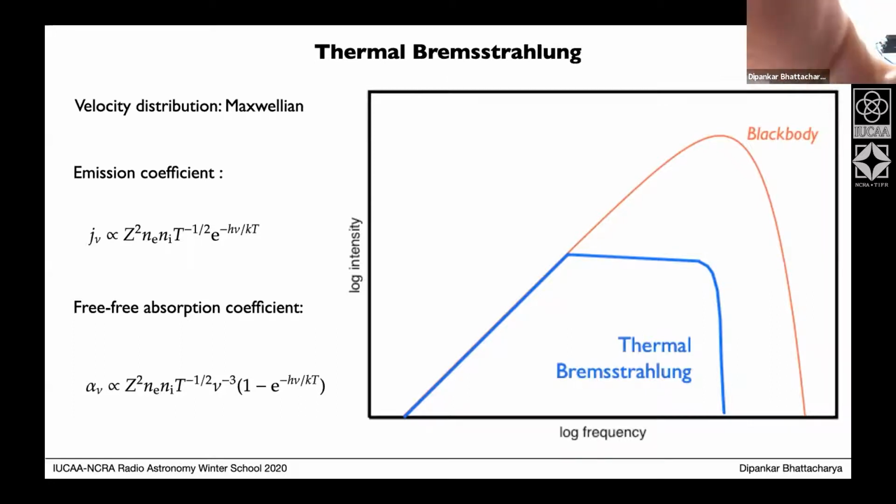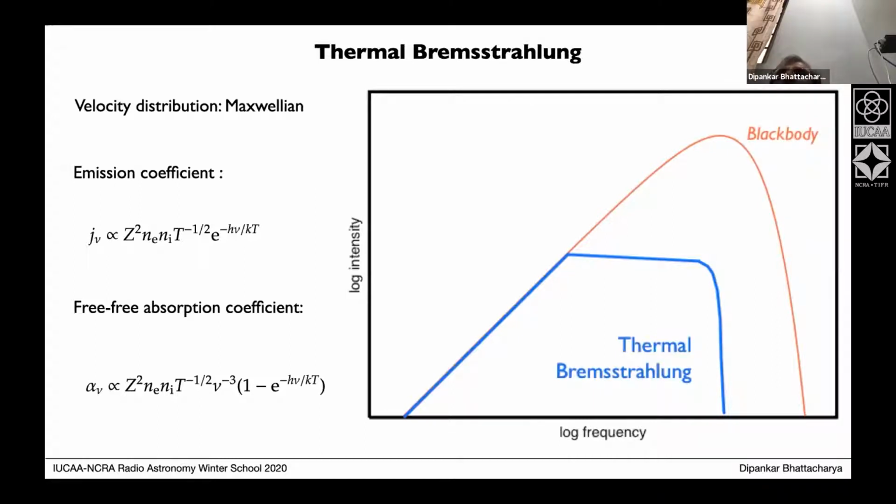So I've mentioned on the left-hand side the dependence of the emission coefficient and the absorption coefficient on the important quantities that are relevant. Both the emission coefficient and the absorption coefficient are proportional to the atomic charge of the ions, that is, proportional to Z squared.